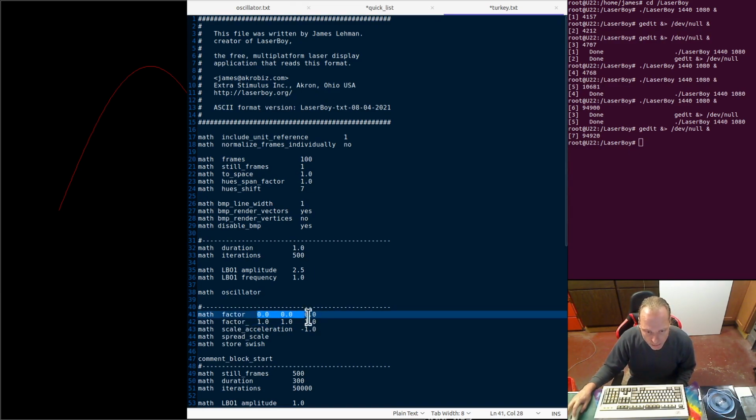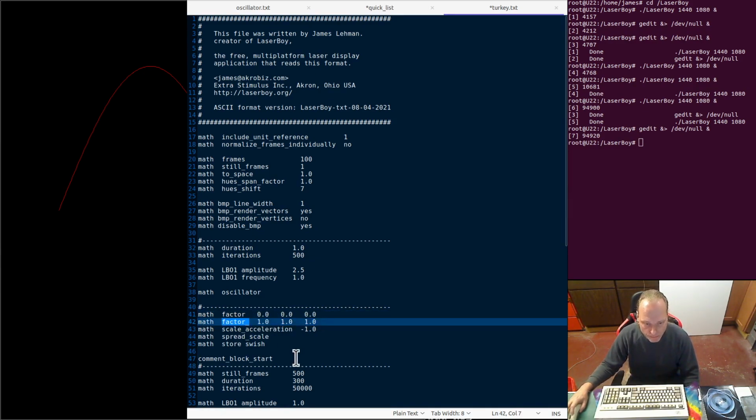In this case, the default value of all the factors is 1, meaning if you use it as a factor to multiply an entire frame set, 1 has no effect. It's 1 times what it already is. So we're setting this factor to 0, and this is the default value of factor underscore.